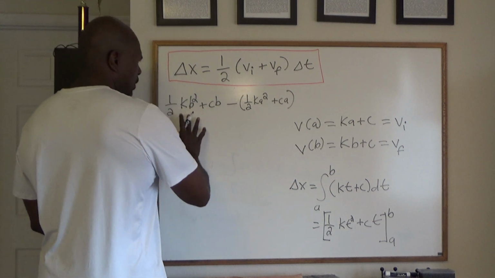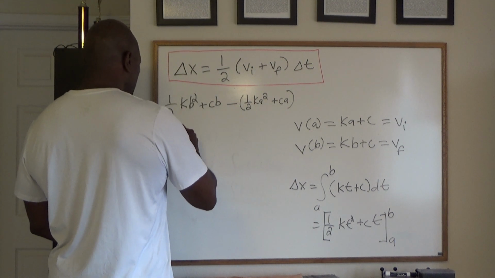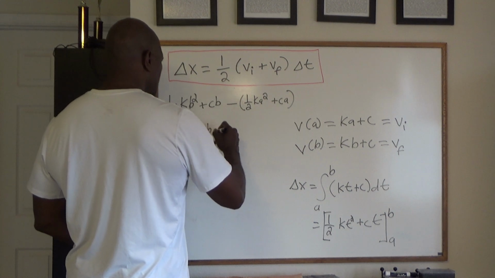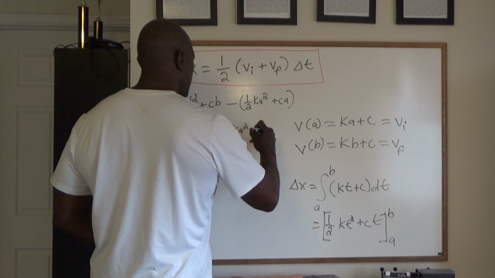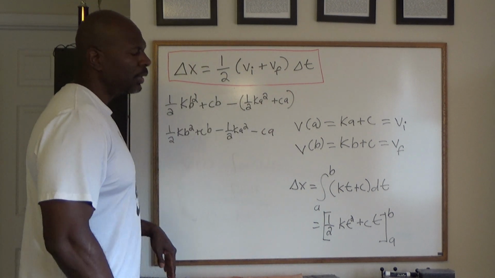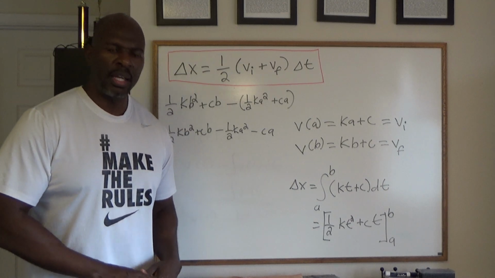So let's say we do the subtraction. I'm going to distribute this negative sign. So 1/2 kb squared plus cb minus 1/2 ka squared minus ca. Now I'm going to do some grouping and then factor out common factors.